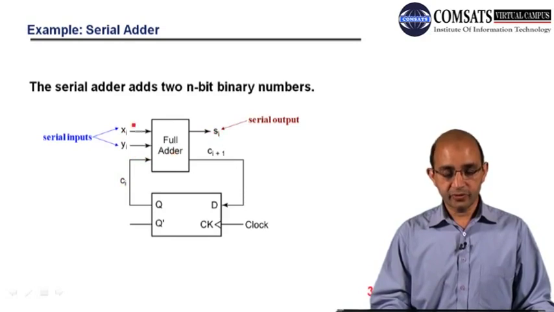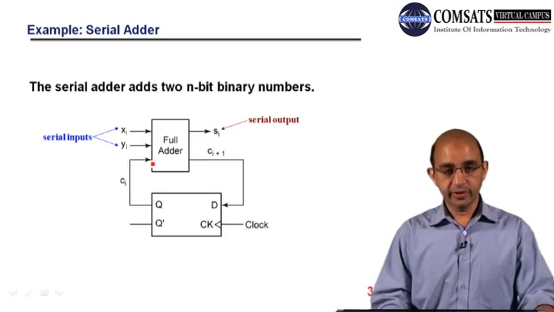As a result of the addition of those two corresponding bits, we have a sum and the carry. You can see that this carry has to be stored in this flip-flop that is clocked, and then this is applied as an input to the full adder.